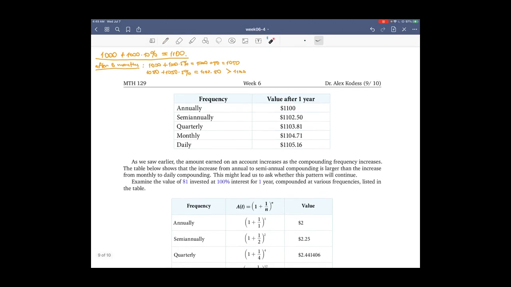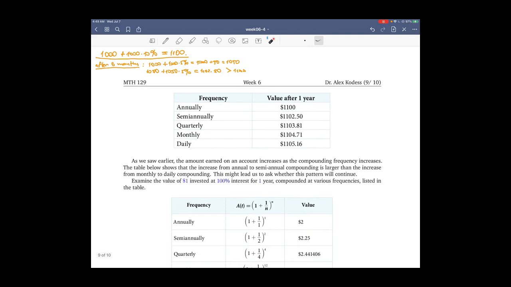You can verify if you do 4 computations for quarterly compounding that after the first 3 months, you will get 1,000 plus 1,000 times 2.5%. That's going to be $1,025.